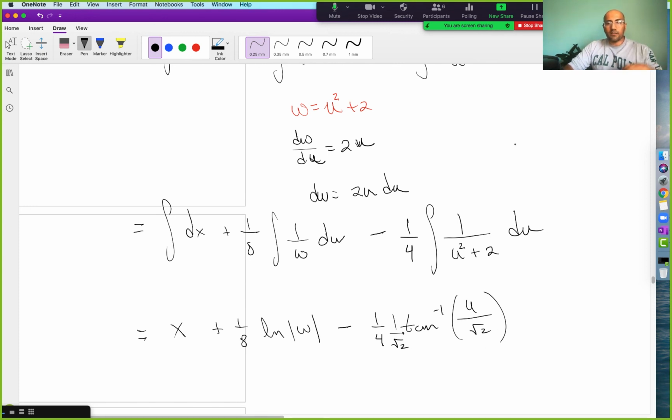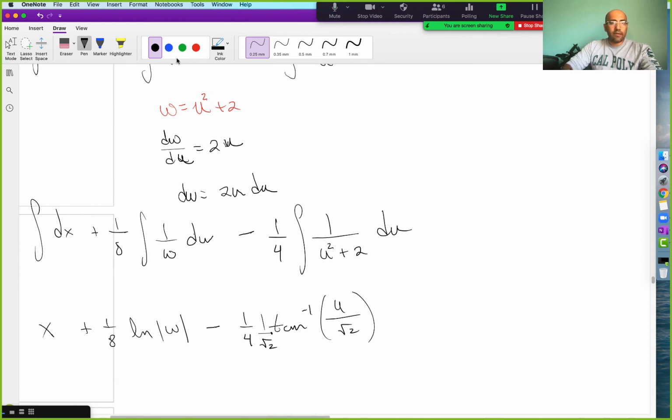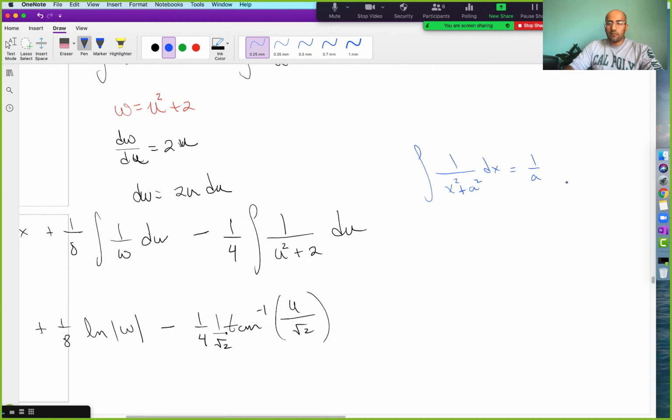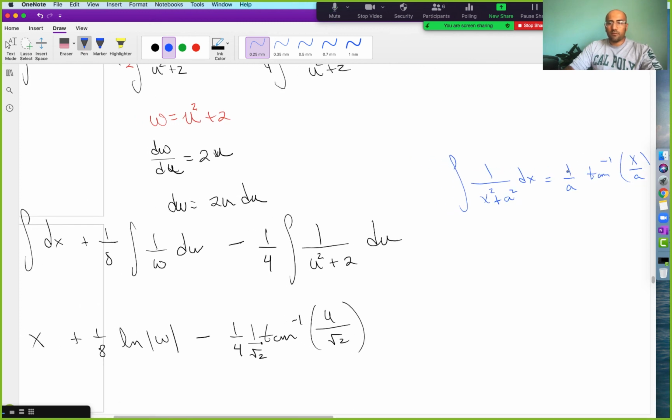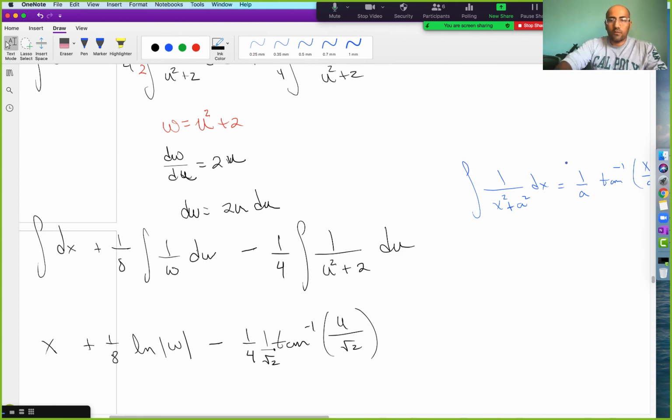Right, and that's because the general one that we have is this. The integral of 1 over x squared plus a squared dx is equal to 1 over a tangent inverse of x over a. This is one of the ones that was up here.